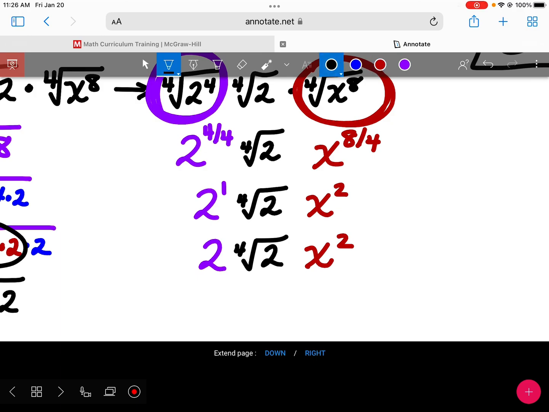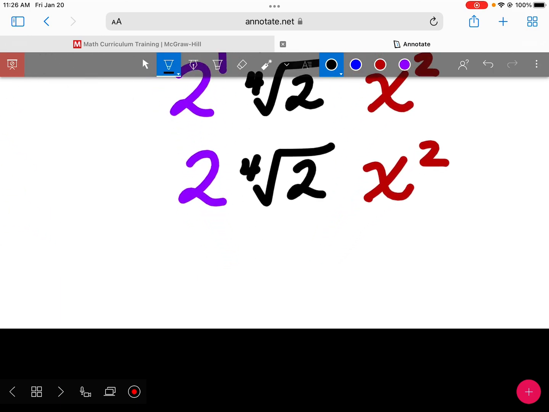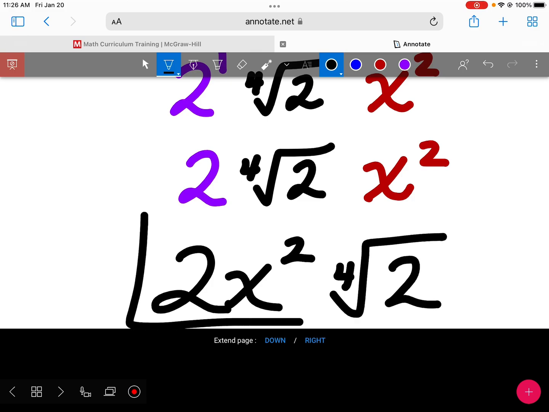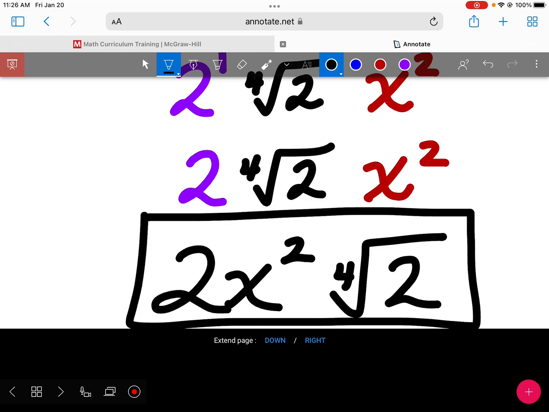Yep, whole numbers, anything that's not underneath the radical goes first. So 2x squared, and then what? And then the radical, 4th root of 2. Fully simplified and in the correct, easier to read order. What's my index on the radical here?